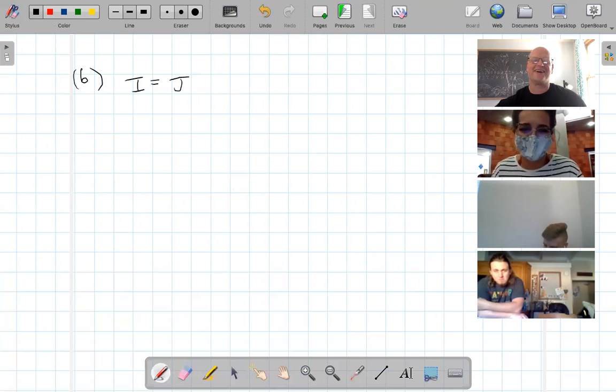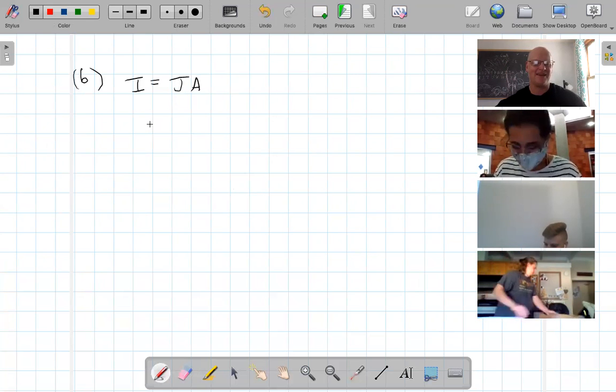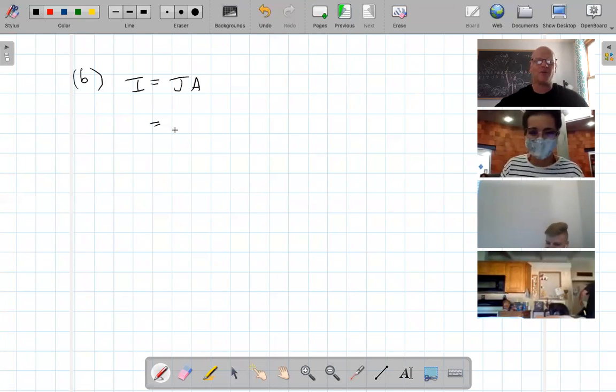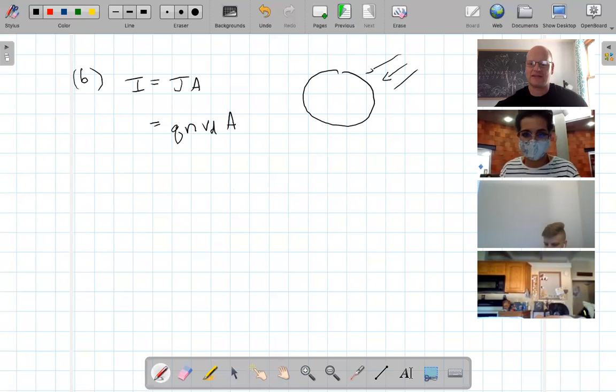So we now know current is equal to current density times the area, so this is going to be equal to our current density, which was QNVD, times the area. What we need to know is what area we are caring about. Again, we're looking at the Earth, and the charged particles are moving in this direction. This is our drift velocity, and this is our current density.